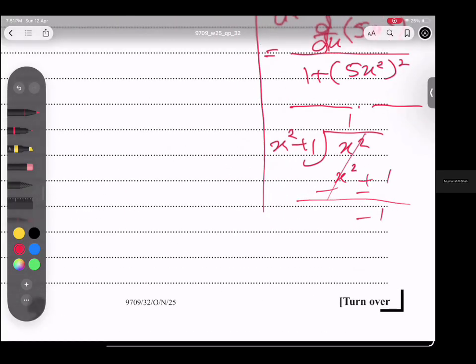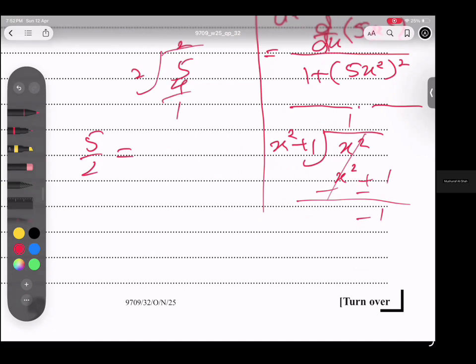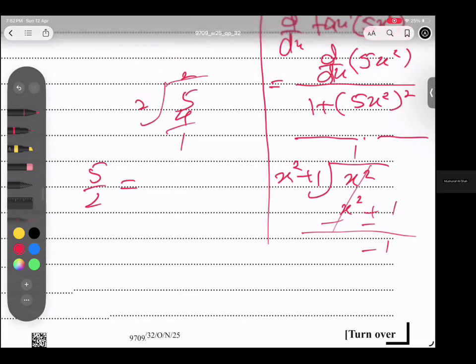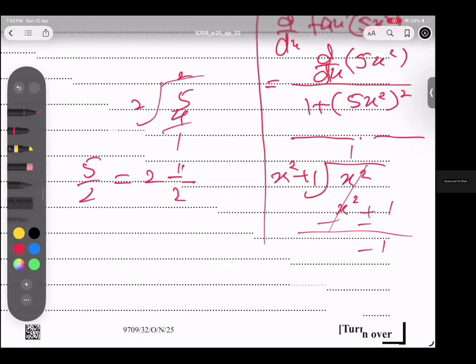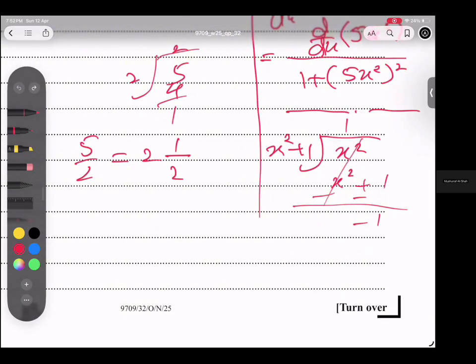If we divide 5 by 2, students, what is the way of writing? Check it. 2 twos are 4 and 1 left. So this upper 2 we write here, and fraction, this goes up and this comes down. Same story here. This upper value comes here, this goes up, and this I'm writing below.